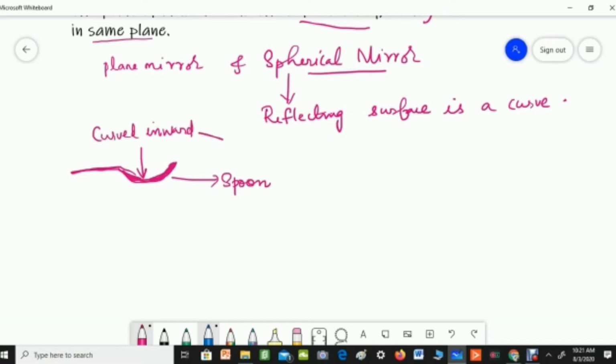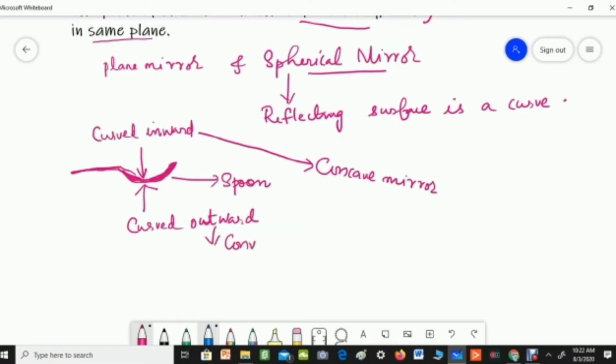So this can be considered as a concave mirror. What is a concave mirror? In concave mirrors, the reflecting surface is curved inward. But when you look at the outside portion of the spoon, it is curved outward. That can be considered as a convex mirror.